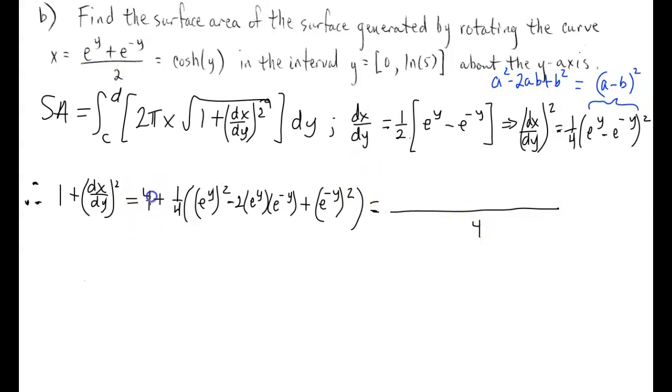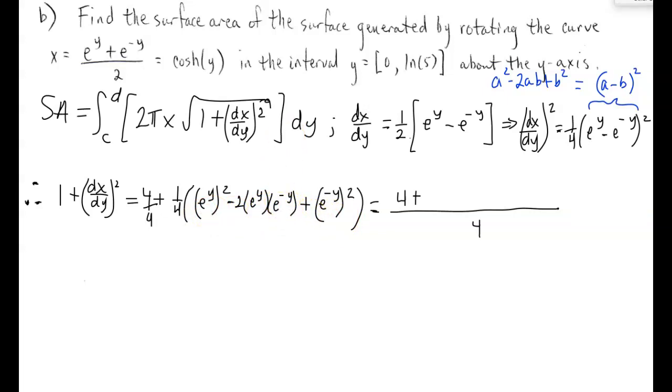Okay, because basically I'm going to write this as 4/4. And so I'll have a denominator of 4, and then in the numerator I'll have 4 plus, and then I'll just be looking at this 1 times. So I'll just work on everything inside of the parenthesis here.